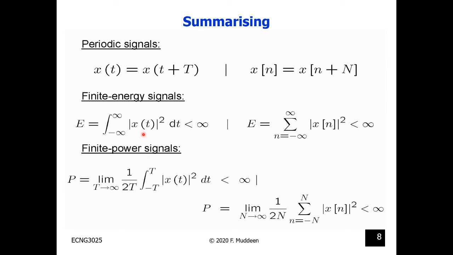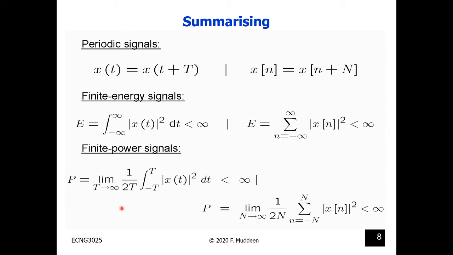The modulus of x of t all squared, the modulus still transfers over, but the t here just switches to n. The dt here represents this for continuous time, but for discretized time we don't have a dn because we have the summation series here accordingly. The limits, however, remain the same for where we're actually trying to prove that this energy signal exists.